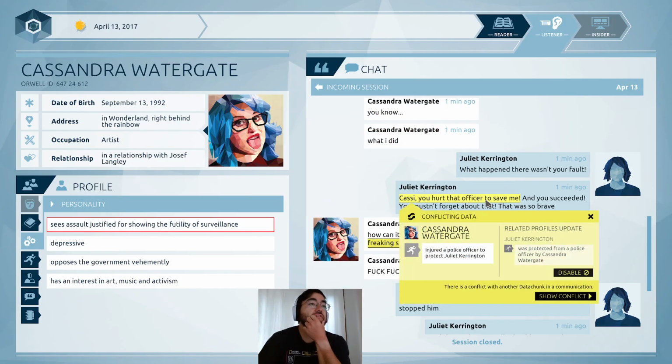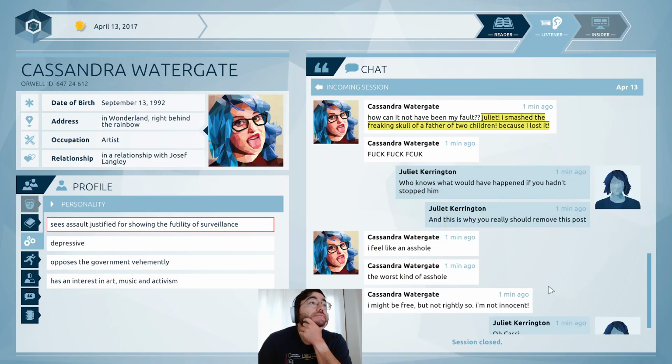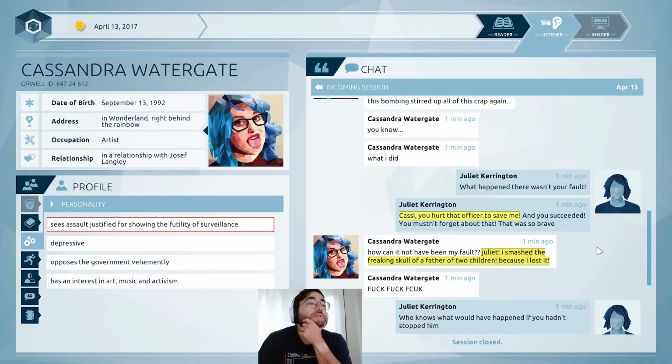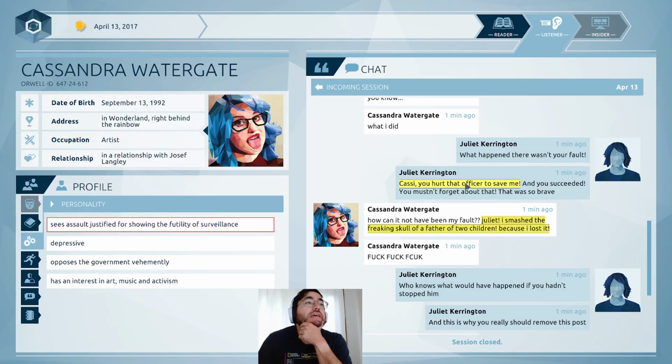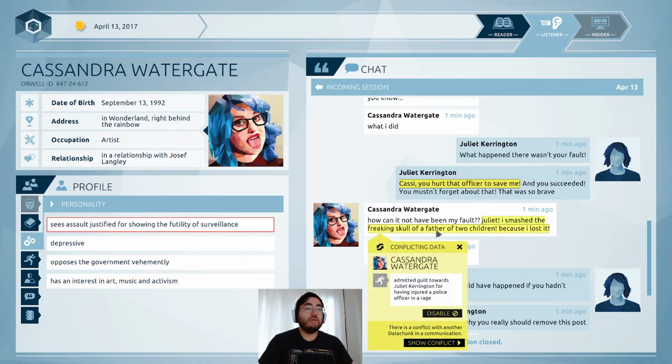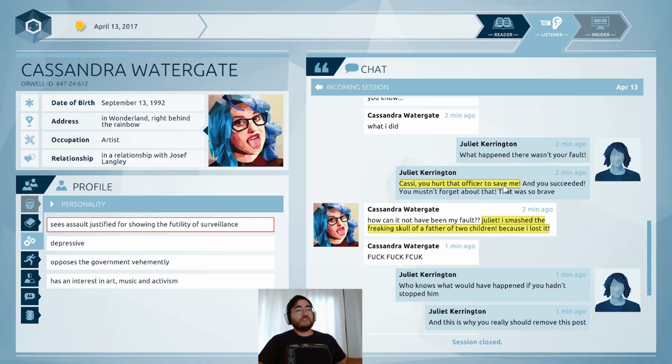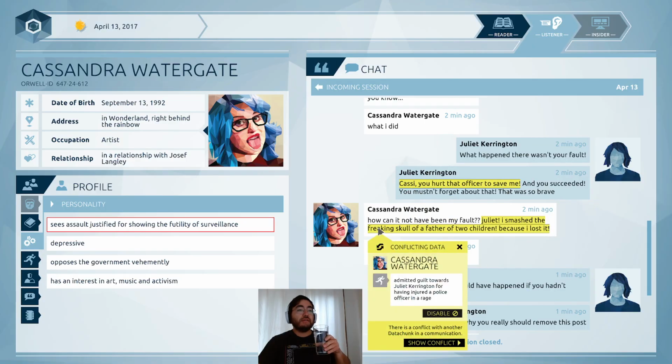Okay, so we've got 2 conflicting data chunks here. Juliet is saying you hurt that officer to save me. So she's saying she threw the brick to hit the officer in the head because he was going to hurt Juliet. But Cassandra says in the reply, I smashed his skull because I lost it. Which means in a fit of rage, she got so mad. So we have to decide, did she hurt him to save her, or because she lost it?